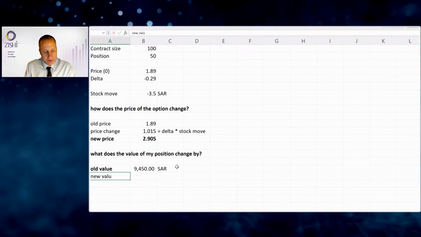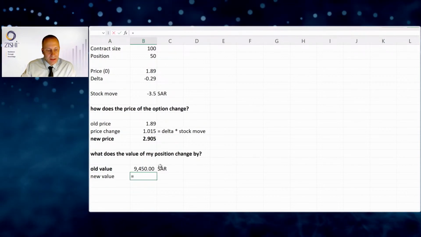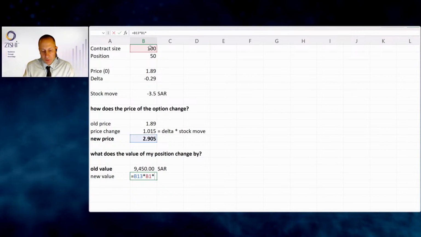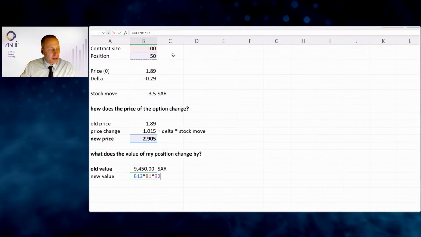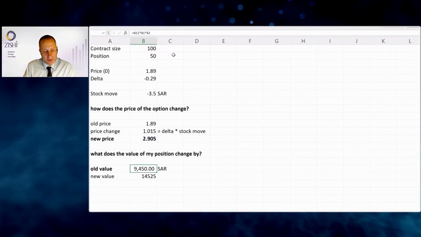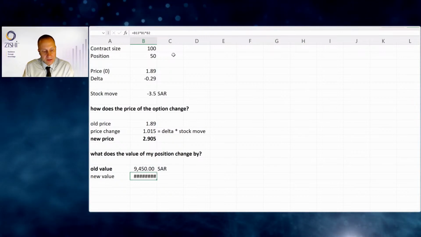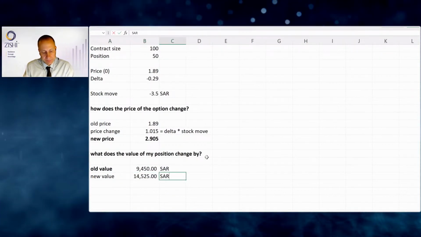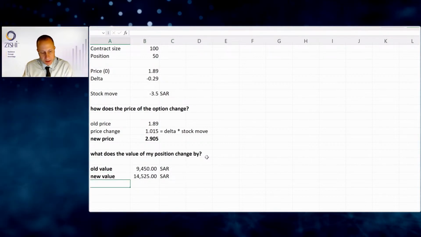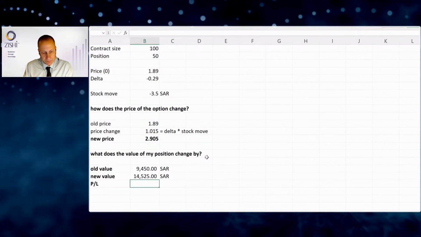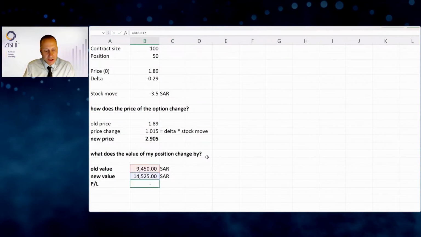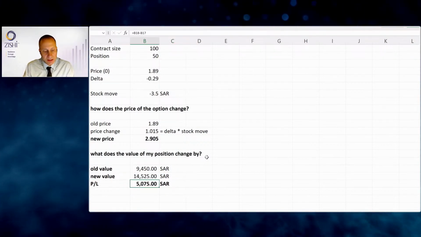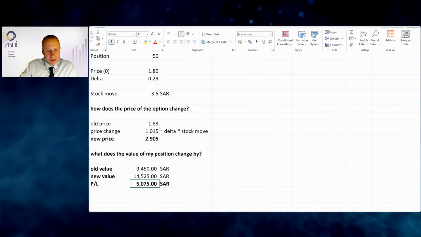Now I can have a look at the new value, and the new value is just going to be equal to the new price multiplied by the 100 size multiplied by my 50 contracts. So the new value is 14,525. And therefore my P&L is going to be equal to the change in those. So my P&L, 5,075 rial.